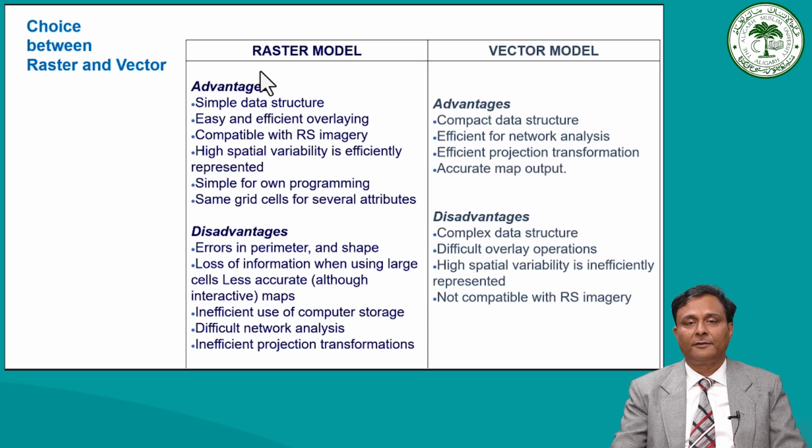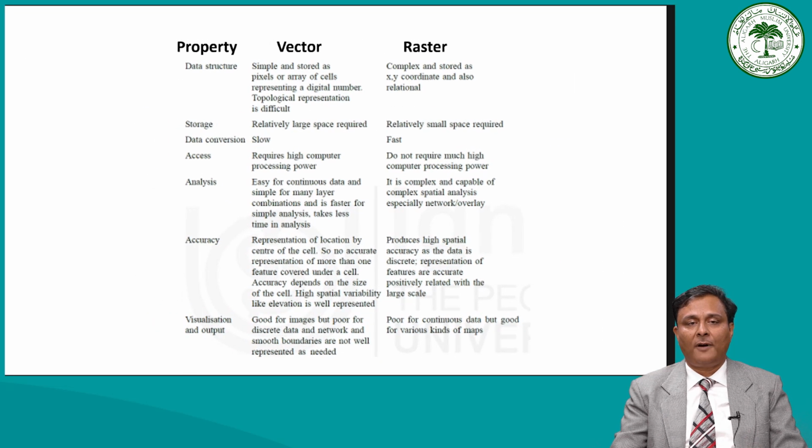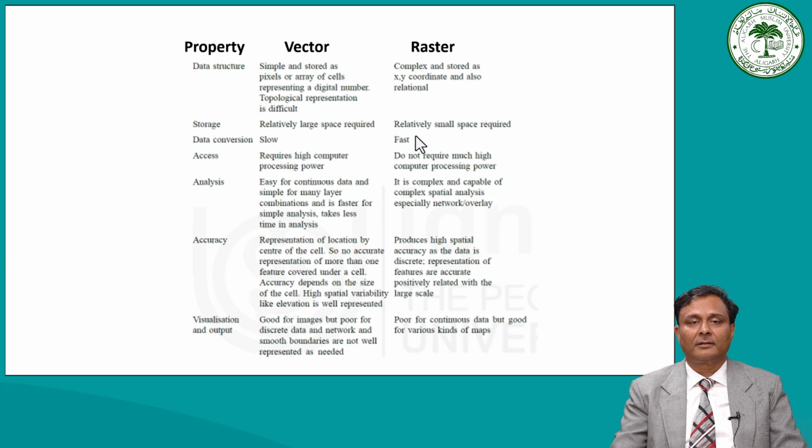This is, again, an example of how data structure is represented in vector and raster data. The storage is presented before you, specifically with specific properties, and how vector and raster data appear in spatial information.